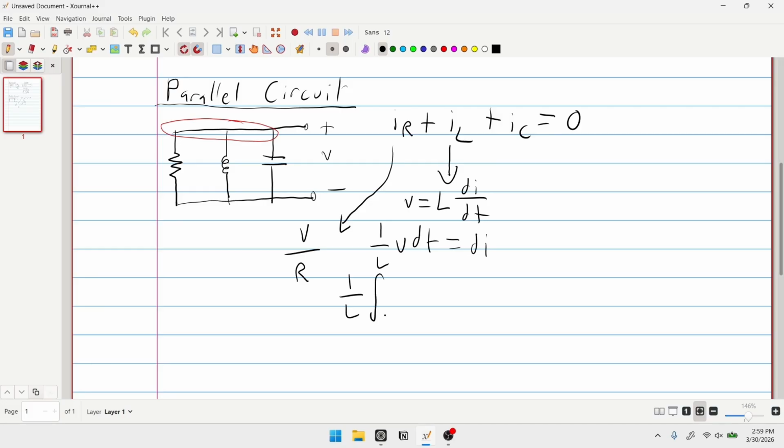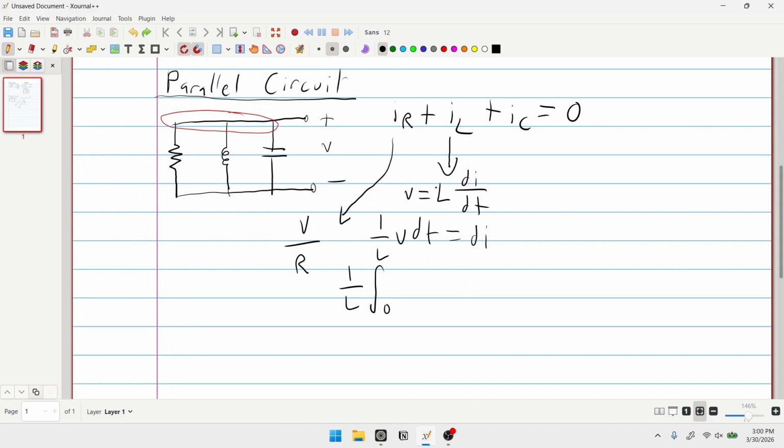take out the L, 0 to t, V dt equals di. And this is from I initial to I of t.